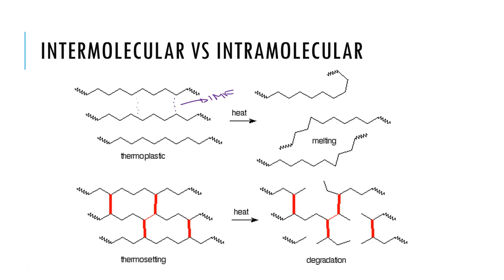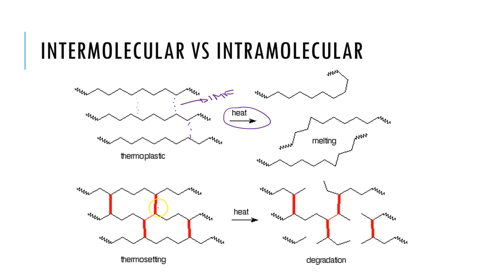Maybe they'll be dipole-dipole or hydrogen bonding, depending on the groups that are present in our polymer. But there's just intermolecular forces. There's no covalent bonds. These are just weak intermolecular forces that we know when we apply heat, it increases the kinetic energy, things start to move around, we break those intermolecular forces and we get melting, this phase change.